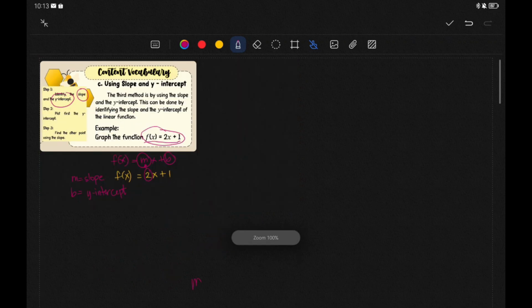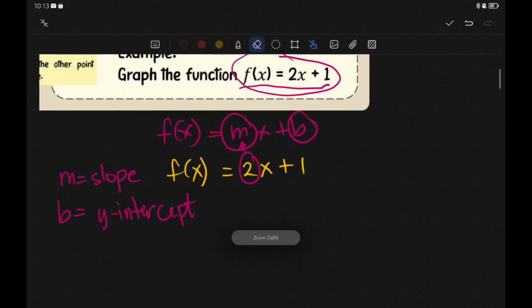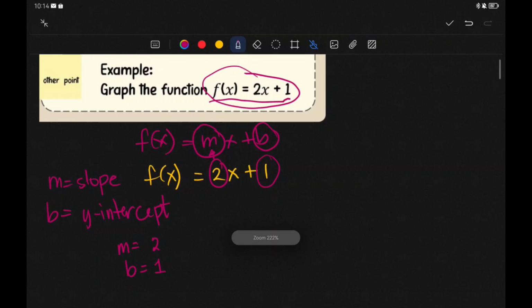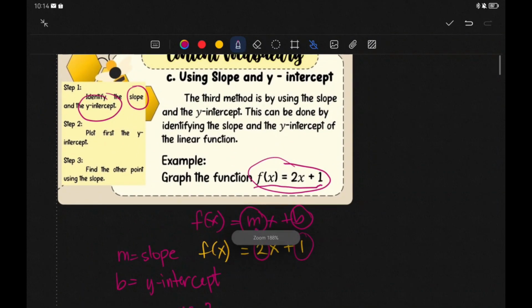So, m is equal to 2, while our y-intercept or b is 1. Since we have identified the slope and y-intercept for step 1, let us now proceed to step number 2.